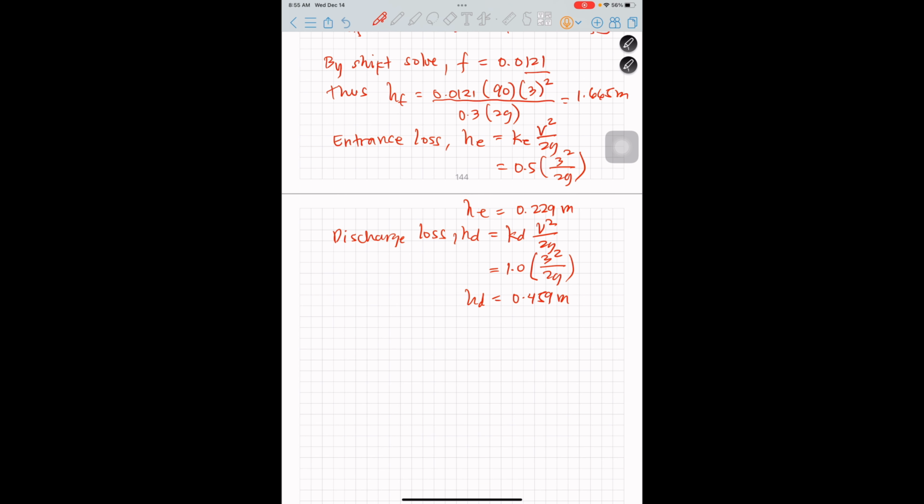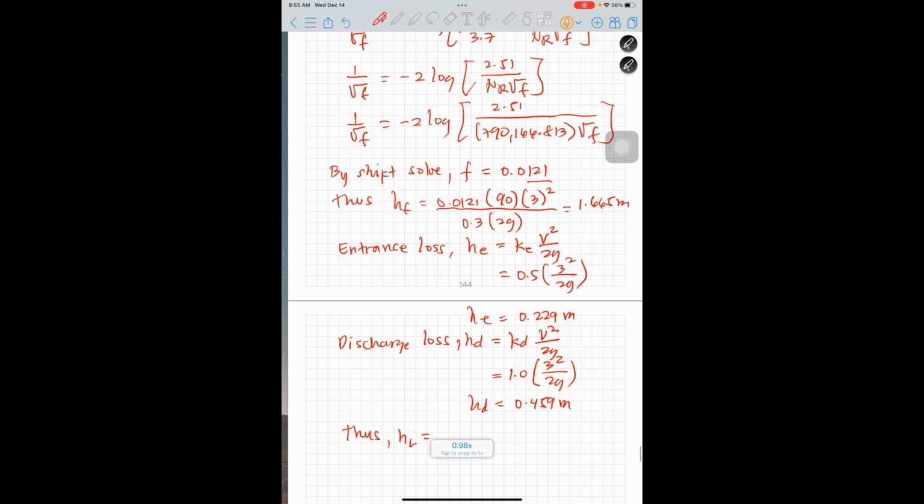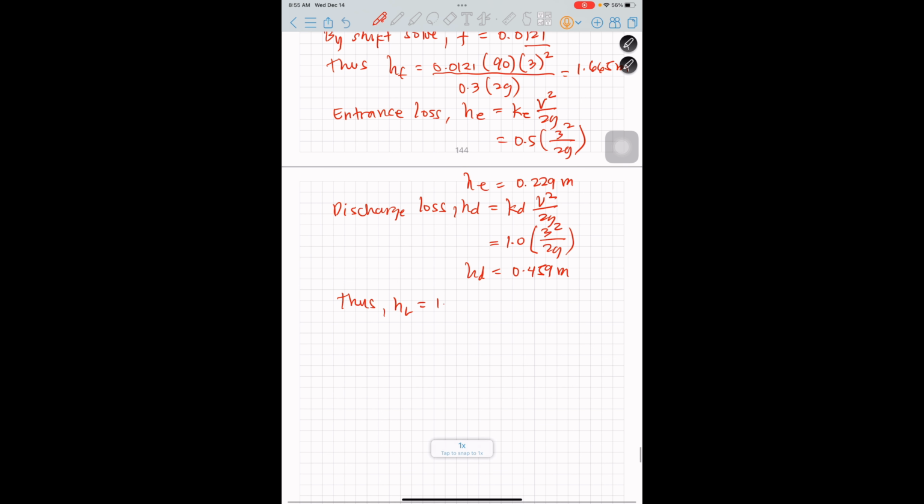So, we can say HL is equal to the friction loss, 1.665, then the entrance loss, 0.229, then the loss at the discharge, 0.459. Therefore, the head loss is equal to 1.665 plus 0.229 plus 0.459.